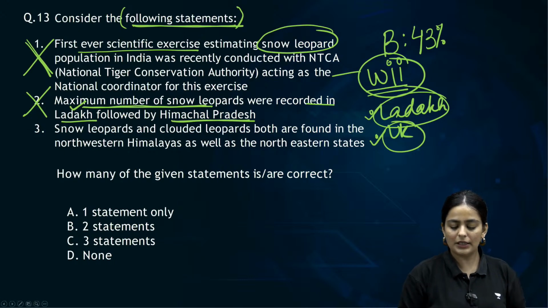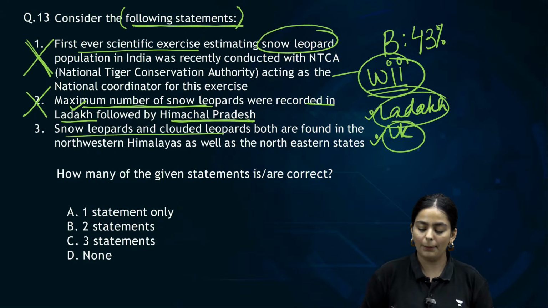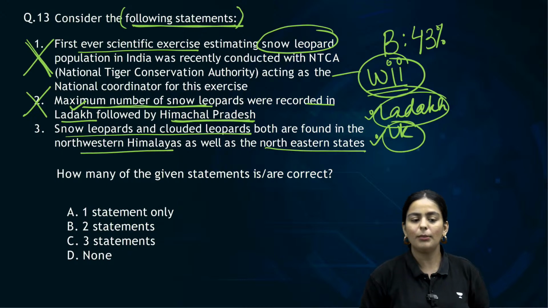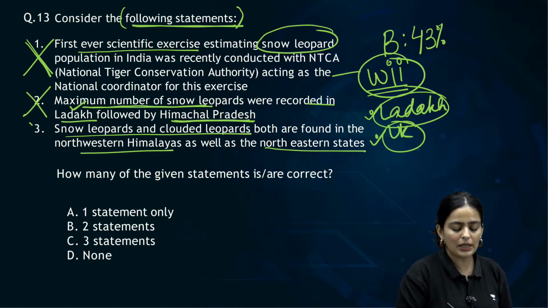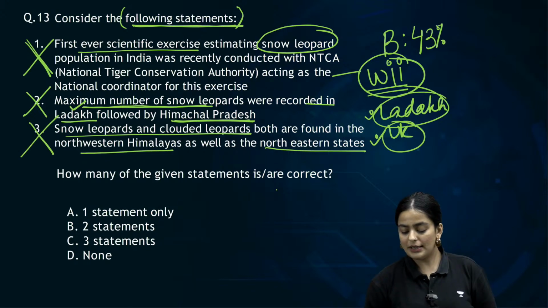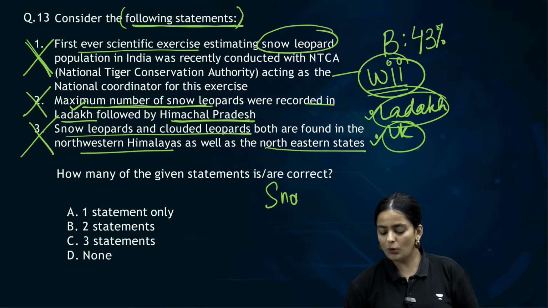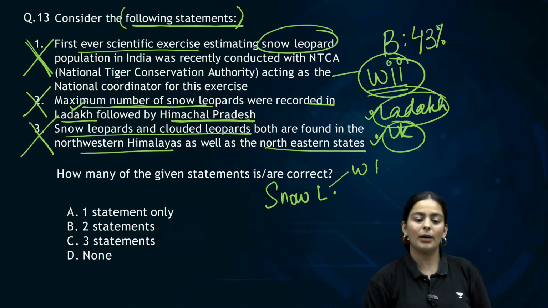The third statement is: snow leopards and clouded leopards are both found in the northwestern Himalayas as well as the northeastern Himalayas. What is the problem with this statement? The problem is that snow leopards definitely are found both in the western Himalayas as well as the northeastern Himalayas.